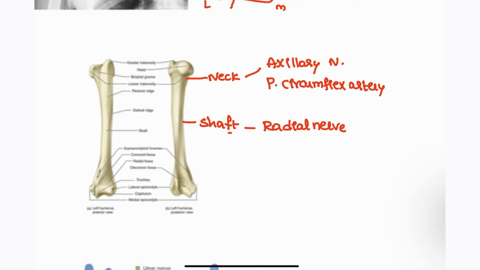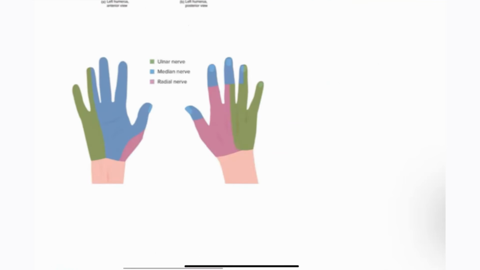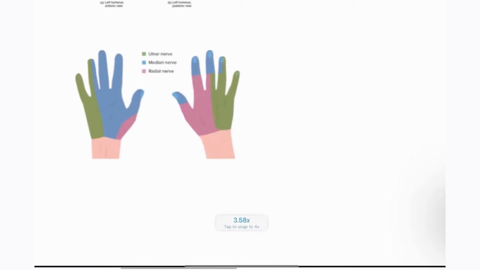Next, the artery that is near the shaft is the profunda brachii, right? And if there is radial nerve damage, the patient will also have wrist drop.